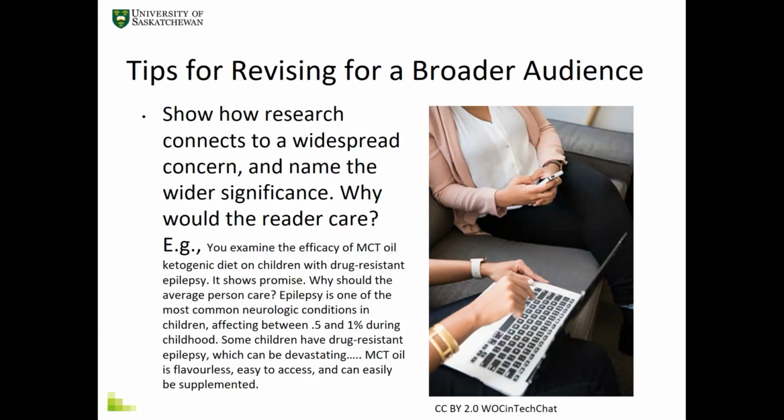So saying, for example, in the beginning of your paper that epilepsy is very common in children, one of the most common neurologic conditions in children, but some children have drug-resistant epilepsy, and this is very devastating on their families and on the children. In fact, it can be deadly.